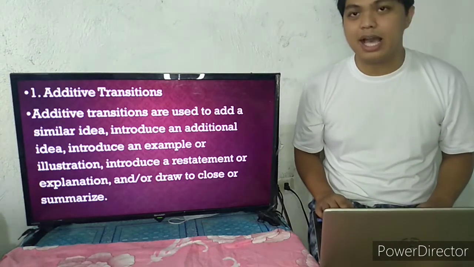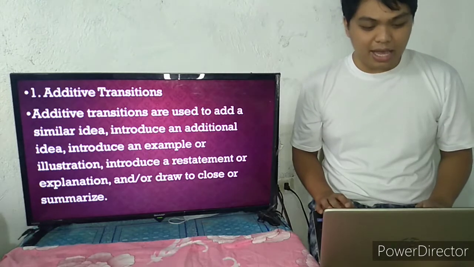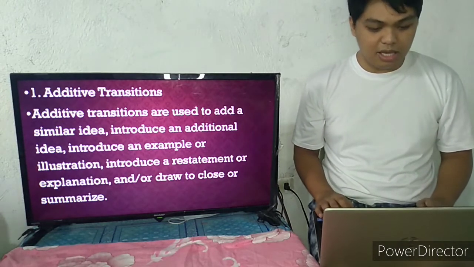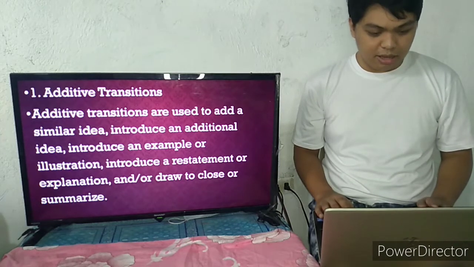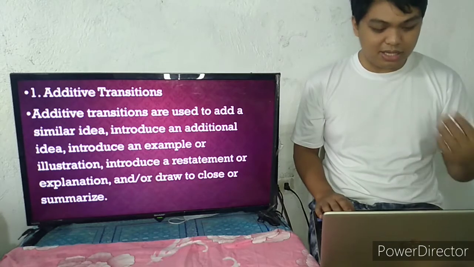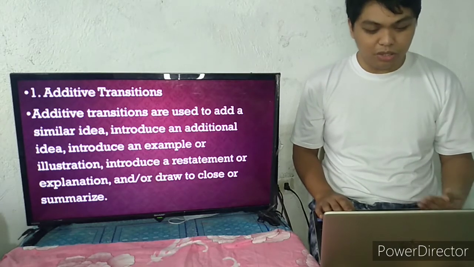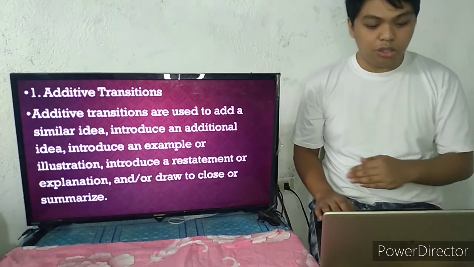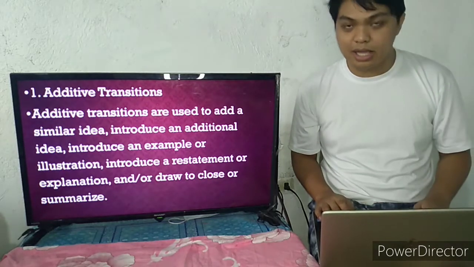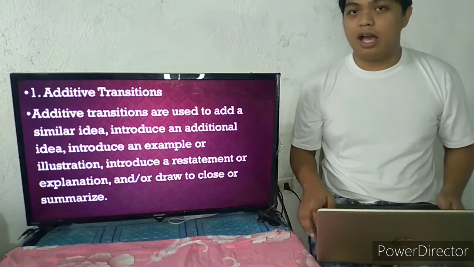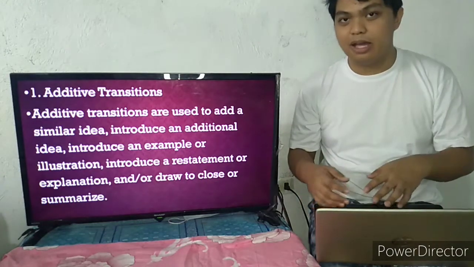So, what are additive transitions? Additive transitions are used to add a similar idea, introduce an additional idea, introduce an example or illustration, introduce a restatement or explanation, or draw to a close or summarize. So, itong additive transitions, sa ating mga next slide, maiintindihan natin.